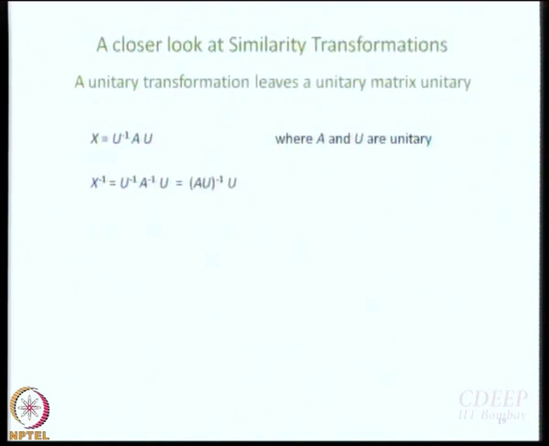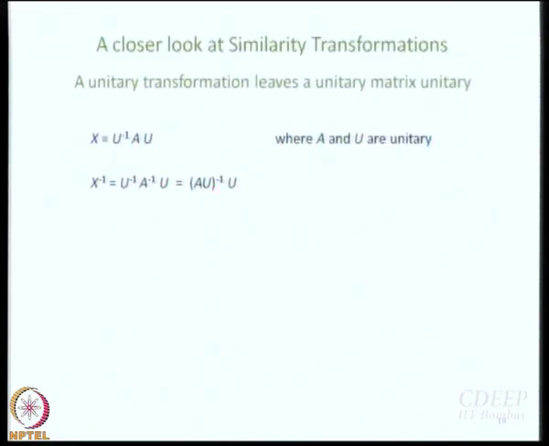Let us see. Will you agree with me that X inverse is U inverse A inverse U? How? Start left multiplying. X equal to U inverse A U. So, if I want to keep on left multiplying, what should I get? If I want the inverse of X, then I should left multiply by the inverse of the first element first. So, that gives you U. Next will come A inverse, and finally you will get U inverse. So, you get U inverse A inverse U. Are you okay with this?